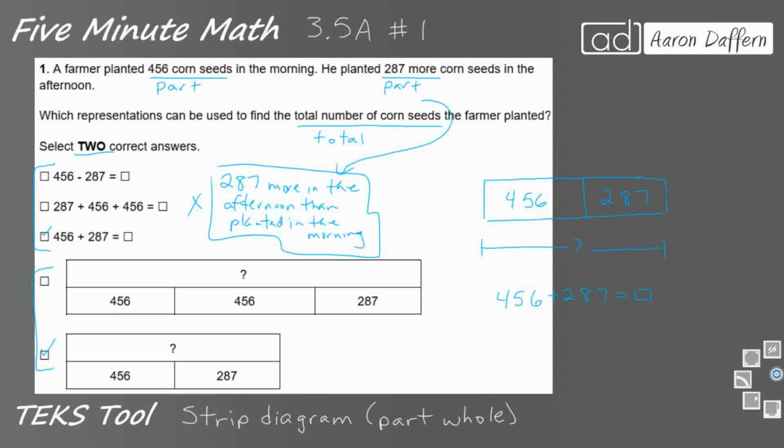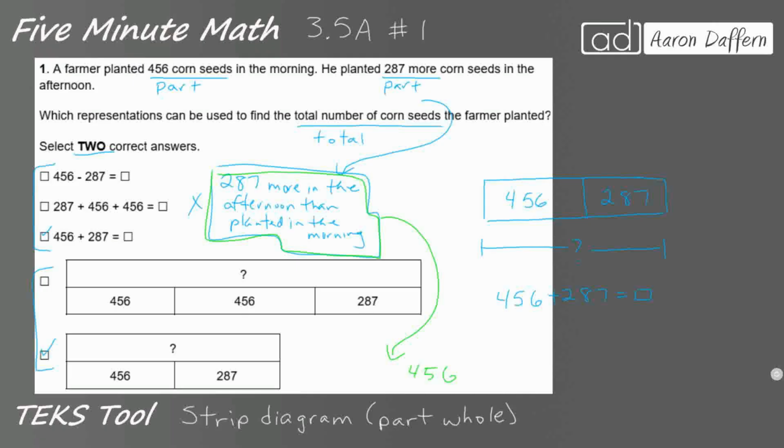Now let me show you what it would have looked like if we had this other option. If we did this right here, this is what it would have looked like. It would have looked like we had 456.